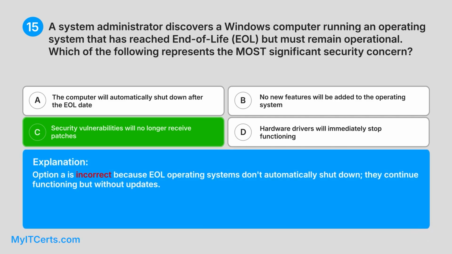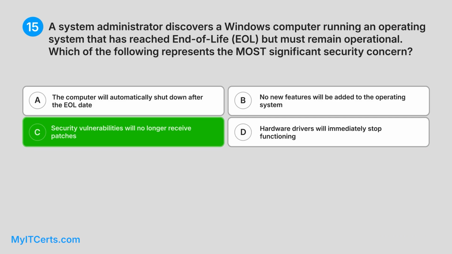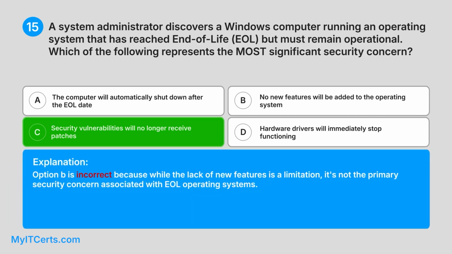Option A, the computer will automatically shut down after the EOL date, is incorrect because EOL operating systems don't automatically shut down. They continue functioning, but without updates. Option B, no new features will be added to the operating system, is incorrect because while the lack of new features is a limitation, it's not the primary security concern associated with EOL operating systems.